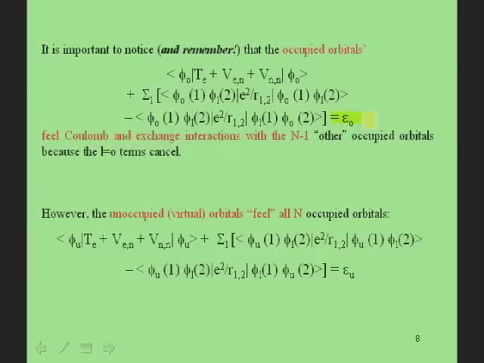So just what we're saying here is that if you do the derivation for an occupied orbital, you have an n and an n minus 1 electron determinant. You go through your derivation. Energy difference is the energy of the occupied orbital. Now, fact number one is that in Hartree-Fock theory, the energies of the occupied orbitals give us approximations.